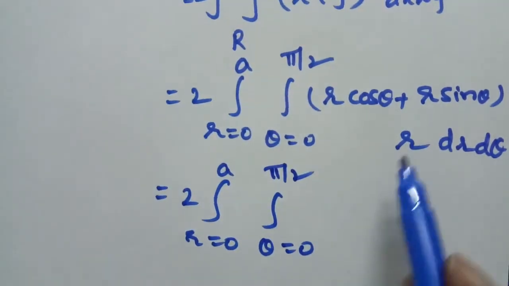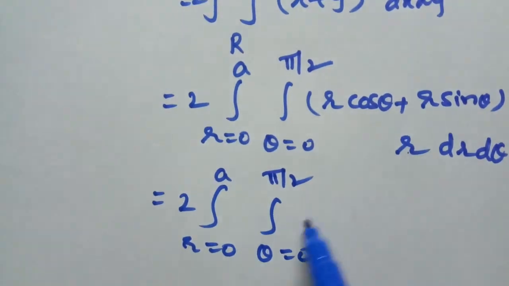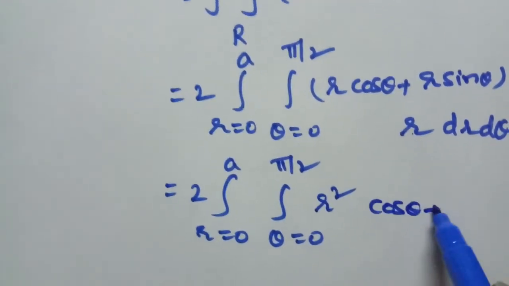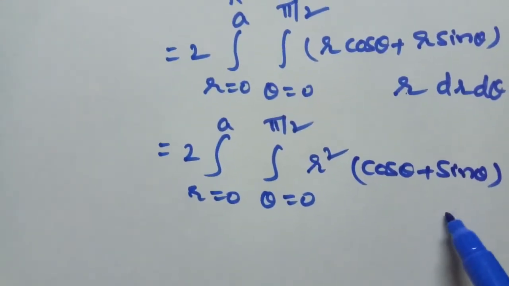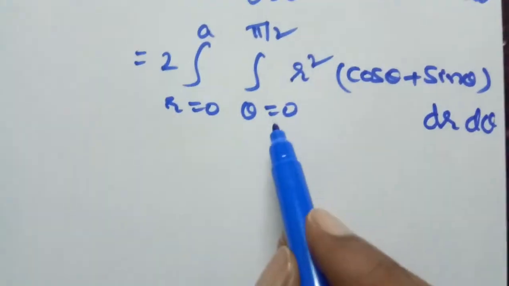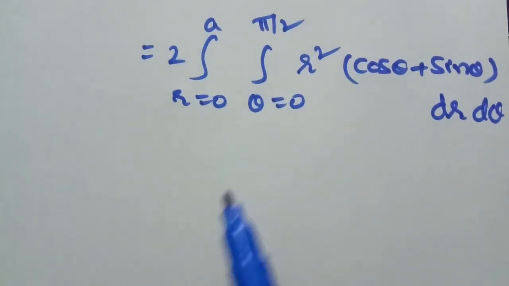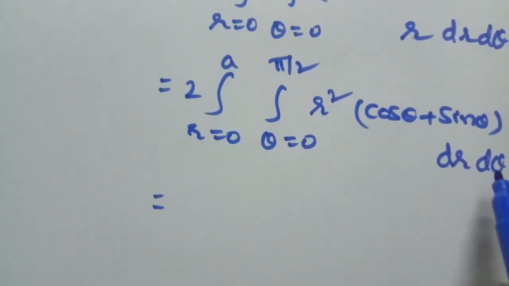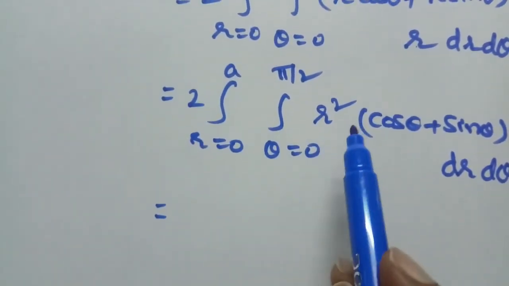r is a common factor: r into r square, therefore cos theta plus sin theta into dr d theta. Since both the limits are constant, we can integrate either with respect to theta or with respect to r first, and finally with respect to the other variable.